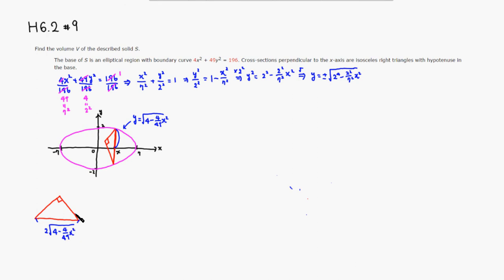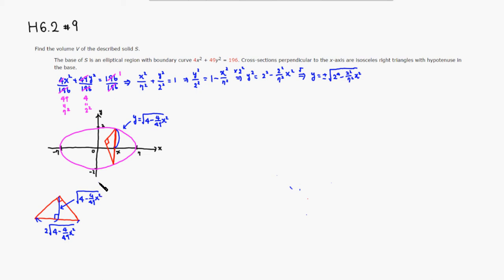So it's 2 times the square root of 4 minus 4 over 49 x squared. Alright, and the height. Since it's a 45-45-90 degree triangle, the height is actually the same as this length right here, which is the square root of 4 minus 4 over 49 x squared.